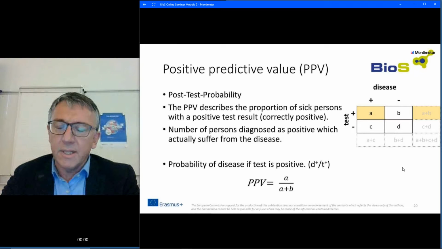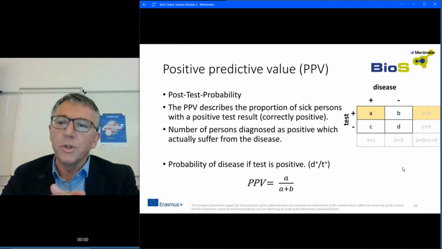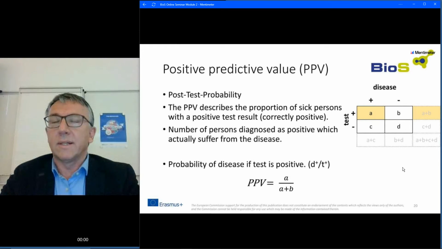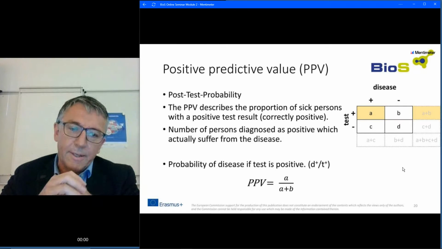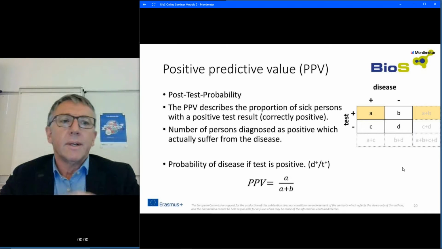So you go to the doctor, you have the test done, and you get the result. This might be positive or negative. Then what you want to know is how probable it is that, after having that test performed, I'm sick or I'm not sick. And this is the positive predictive value.